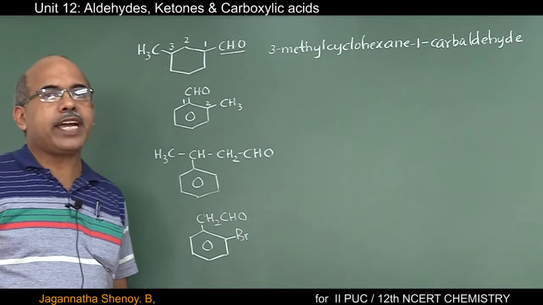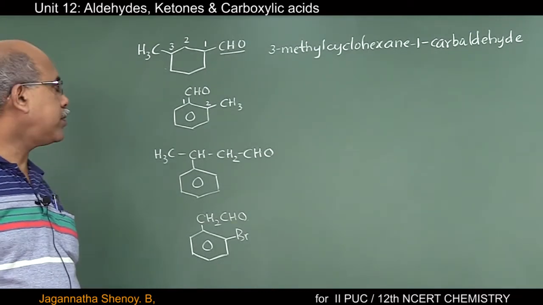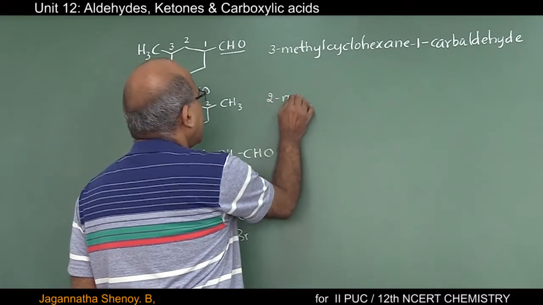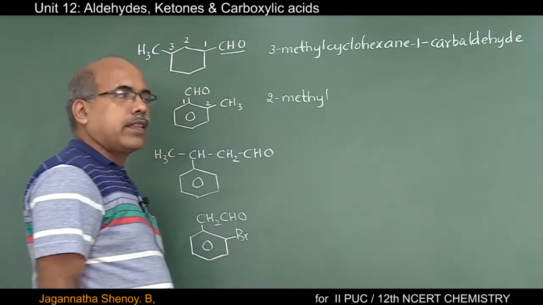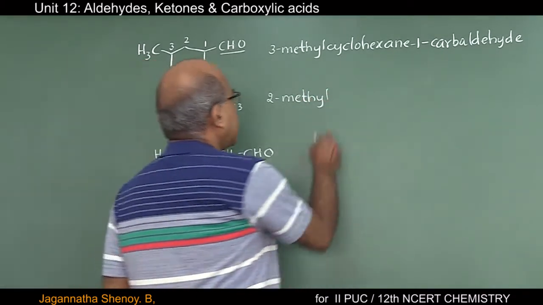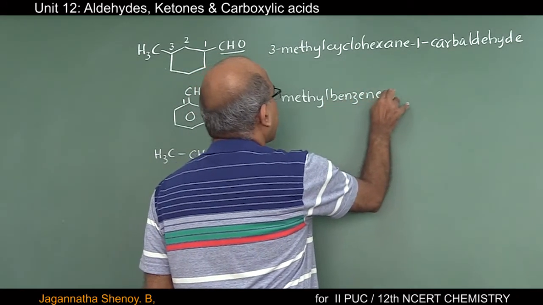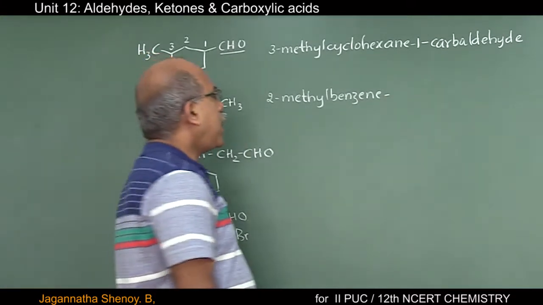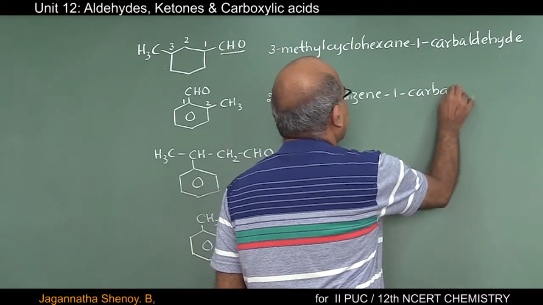Now I can provide 2 IUPAC names for this particular compound. So what are they? On the second carbon atom we have methyl, so 2-methyl. Then this is benzene, 2-methyl benzene. Then on the first carbon atom we have the carbaldehyde group, so 1-carbaldehyde.